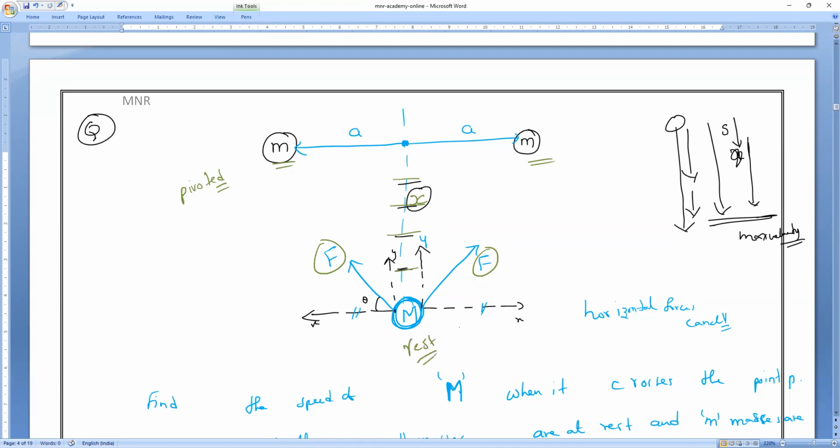Initially at rest means, you all studied rolling friction, static friction and all. When the body tends to move and when the body is moving, where is the frictional force less?